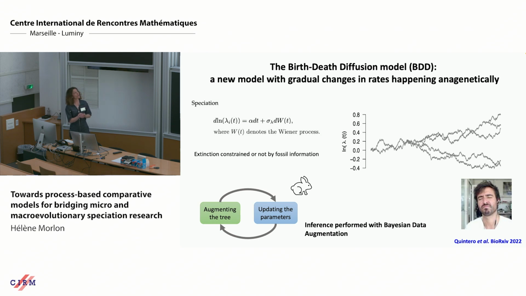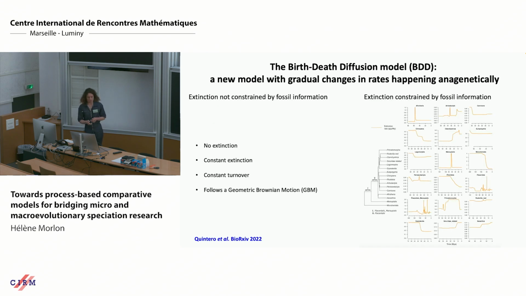It is a model where the speciation and extinction rates can vary as a geometric Brownian process. So the log of the speciation rate is a Brownian process with a trend, the trend alpha. And we can also include extinction in this model, and we can either have extinction that is constrained or not by fossil information.